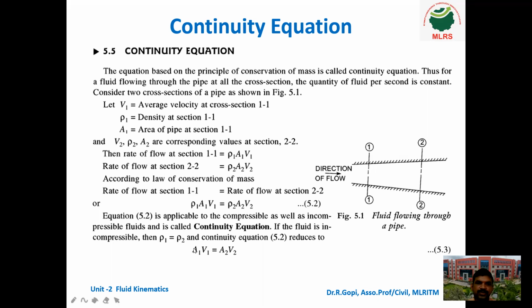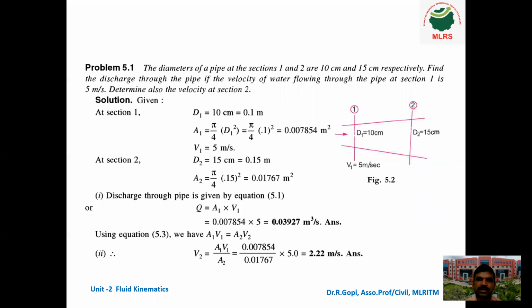Discharge is area into velocity. So this is called q1. This multiplication of area into velocity, a1 into v1, is q1, and a2 into v2 is q2. Using this continuity equation we will see two problems today.